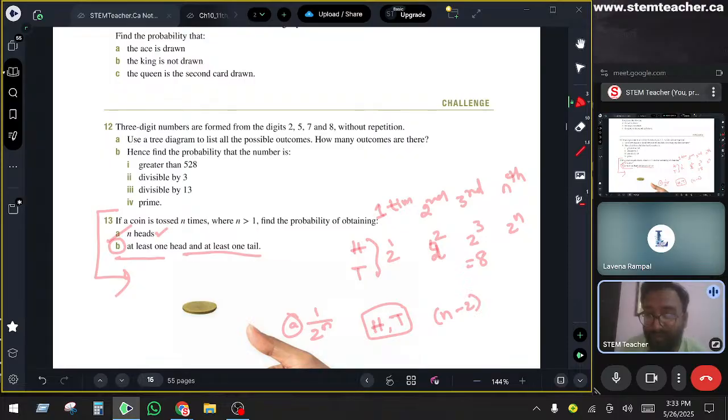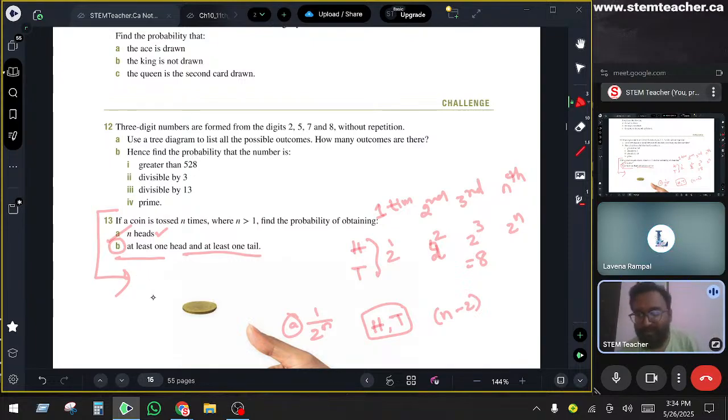Okay, now I got a thought. So it can be anything except all heads or all tails. Only two outcomes should not come.